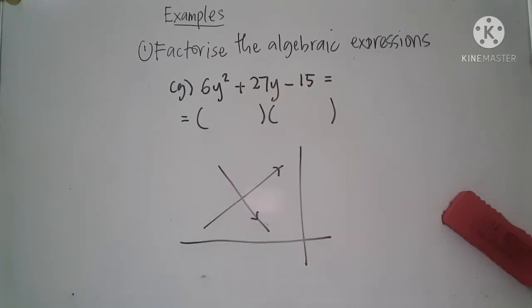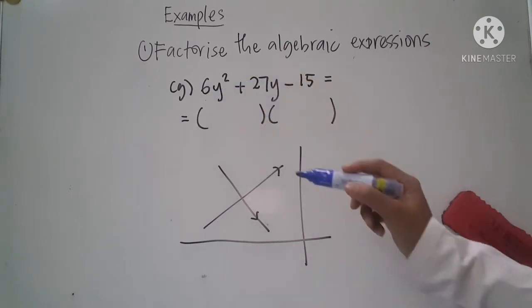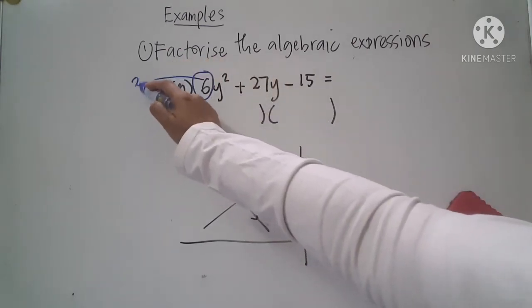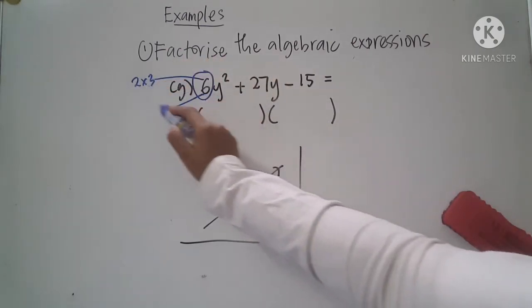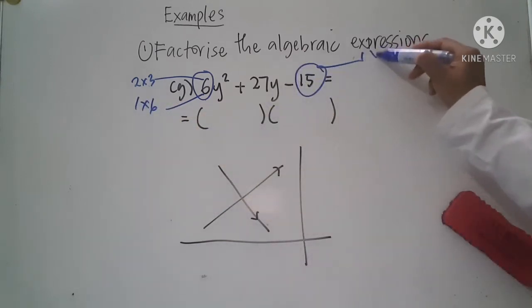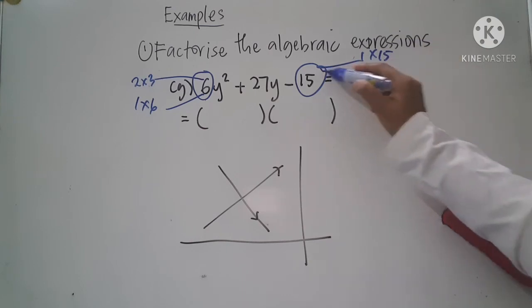Okay, for the G, we have 6y squared plus 27y minus 15. For the 6y squared, the factors are 2 times 3 or 1 times 6. For the 15 here, 1 times 15, 3 times 5.